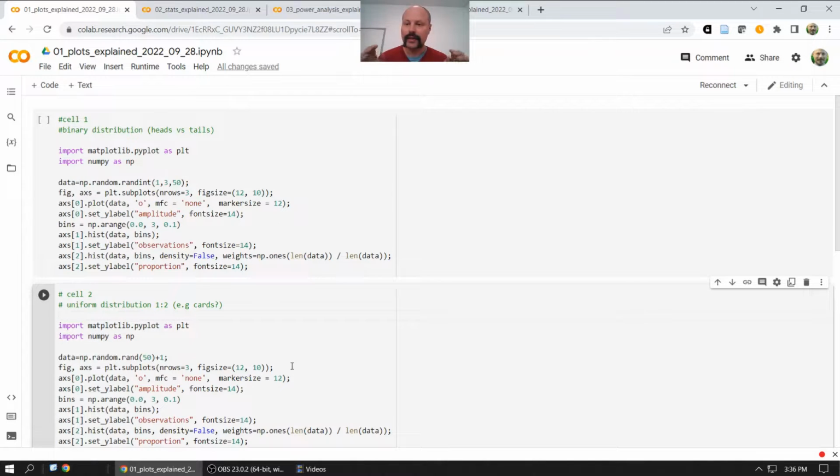So the first notebook, which is called Plots Explained, is needed for a clearer understanding of what the histogram representation of the data is.